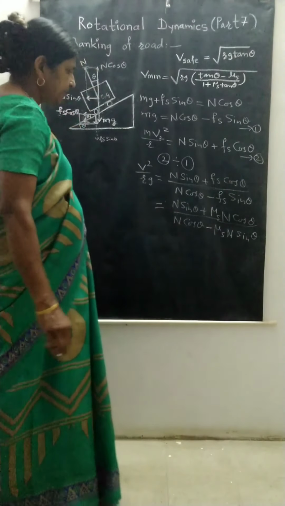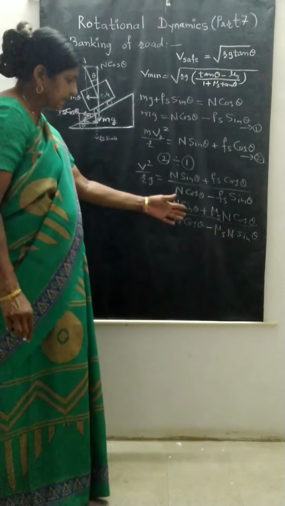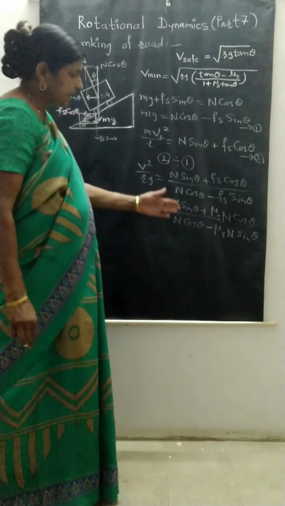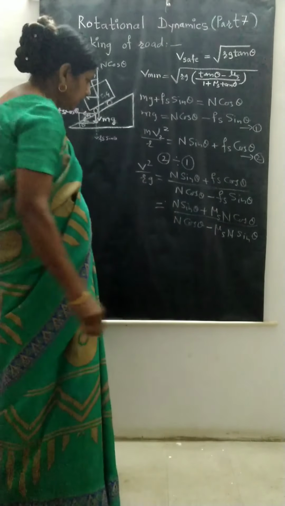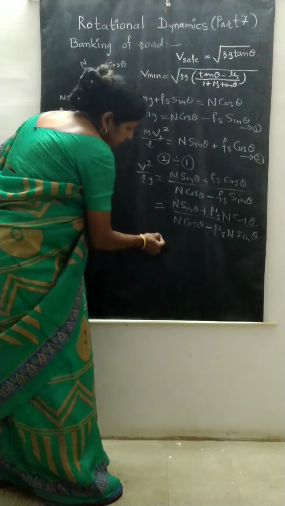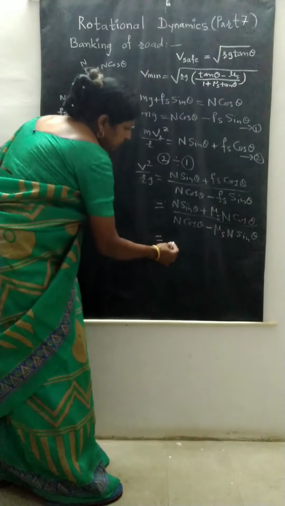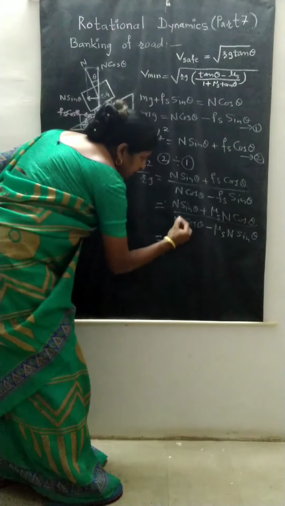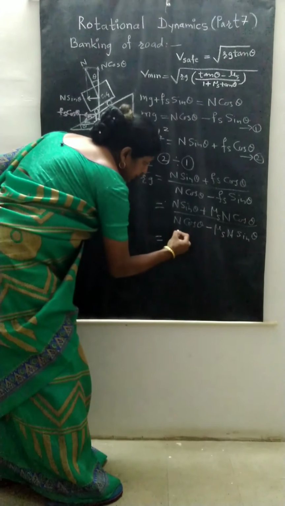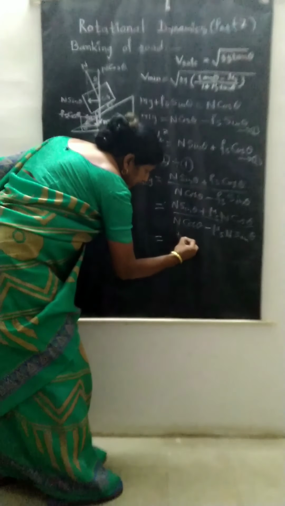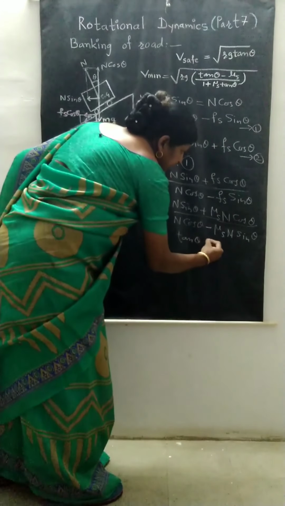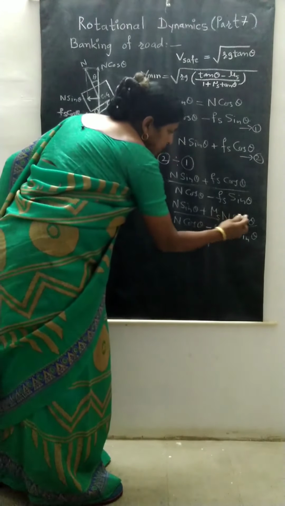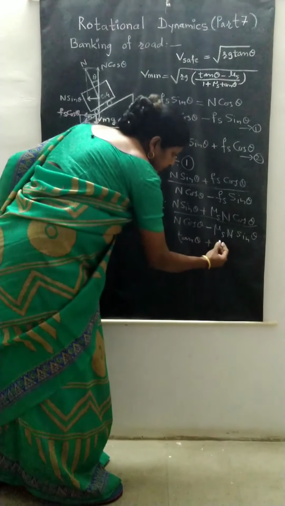Again we shall divide the right hand side in numerator and in denominator by cos theta. So we shall get sin theta upon cos theta is equal to tan theta plus mu s, cos theta upon cos theta will be 1.